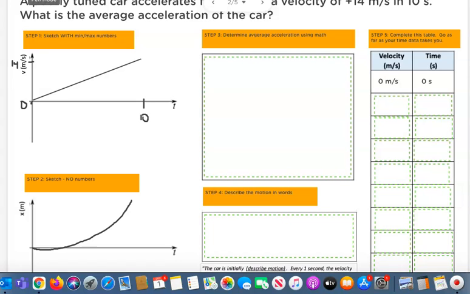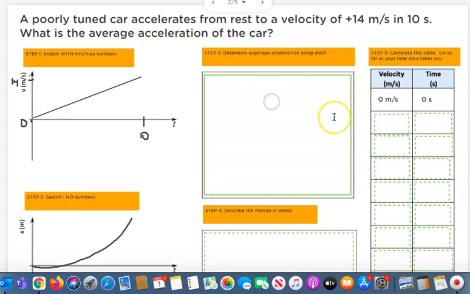And I know that I can calculate the average acceleration. I can say that, well, that's going to be a change of 14 meters per second divided by 10 seconds.